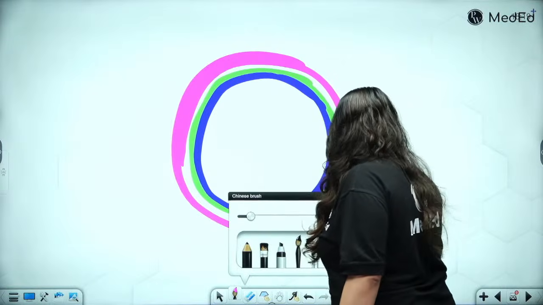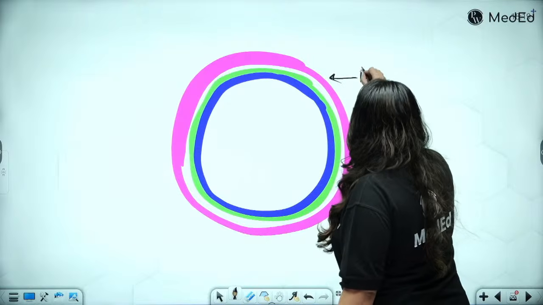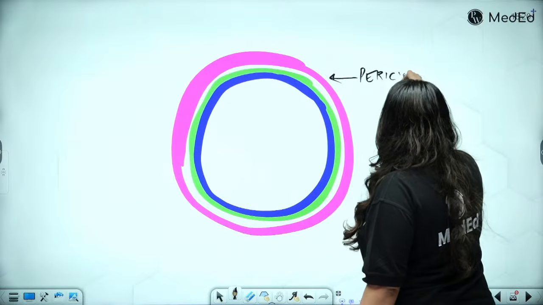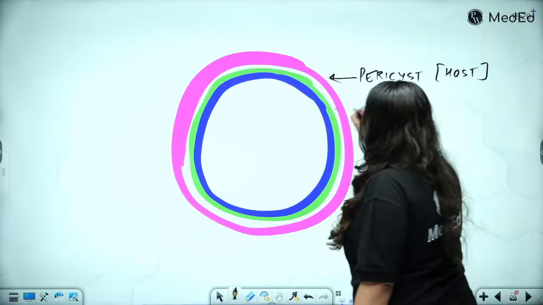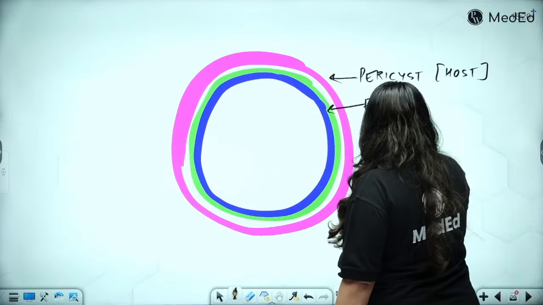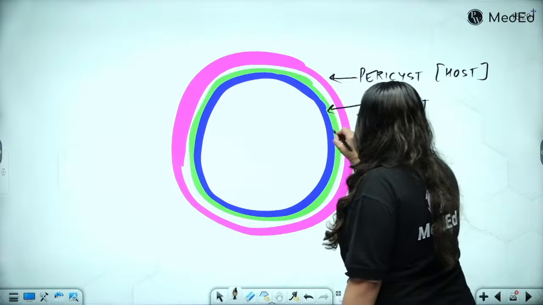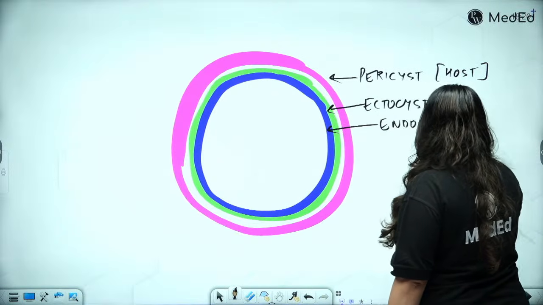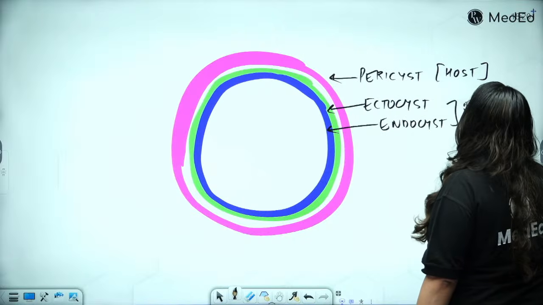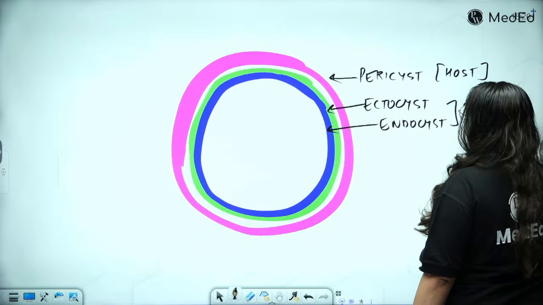That is why this is labeled as pericyst. Who is making the pericyst? It is the host which is making the pericyst. What is this? It is ectocyst. And what is this? This is the endocyst. Who is making ectocyst and endocyst? It is the parasite which is making the ectocyst and endocyst.